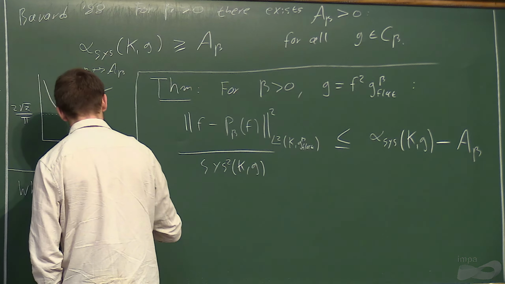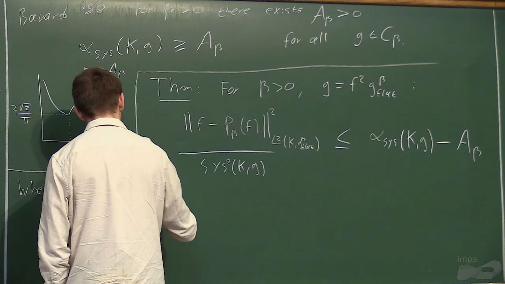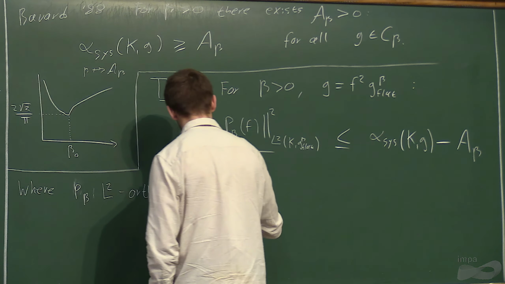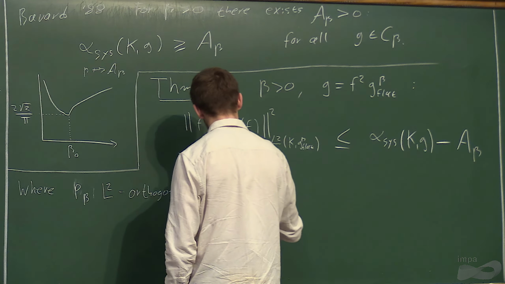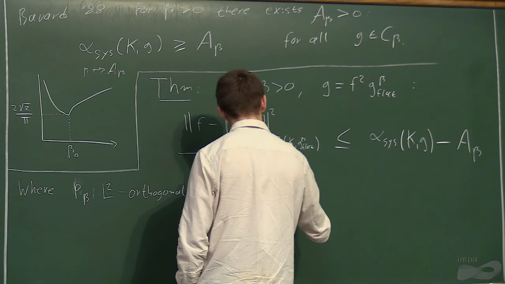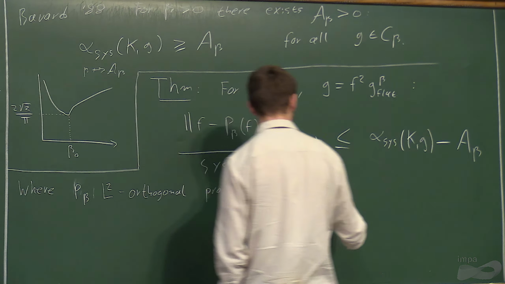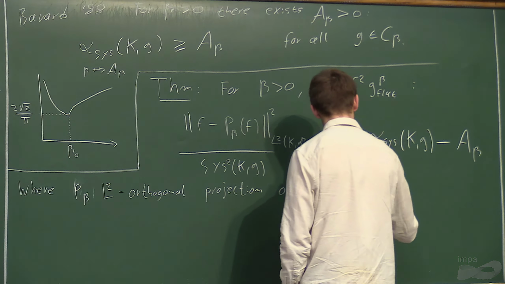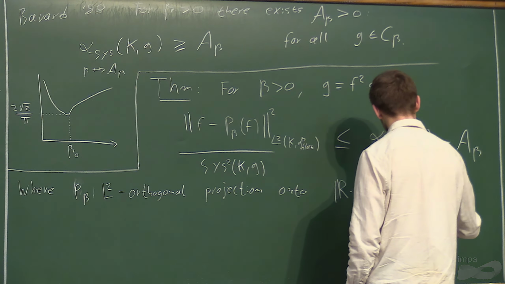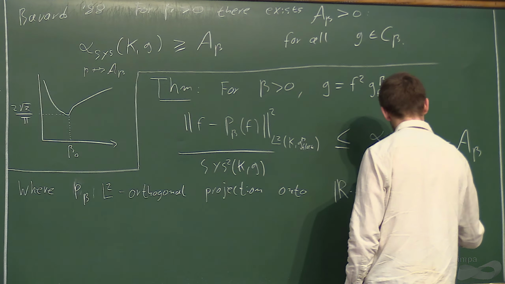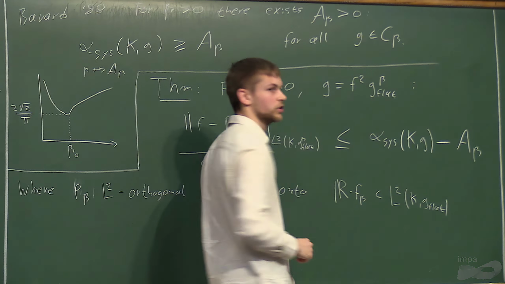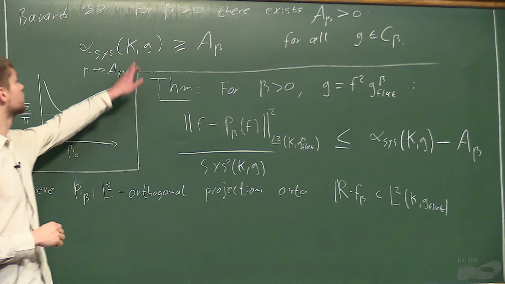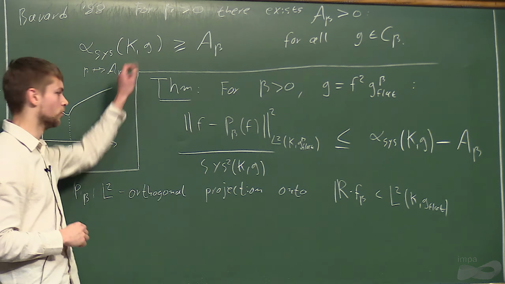So this is the L2 orthogonal projection onto the subspace R times f beta in this space L2. And this function f beta is the, up to rescaling, unique function such that this inequality is an equality.